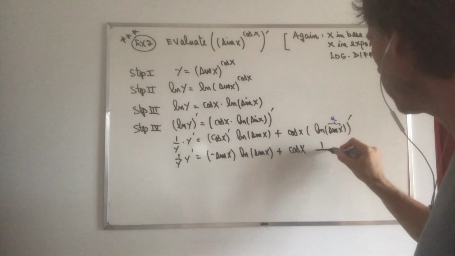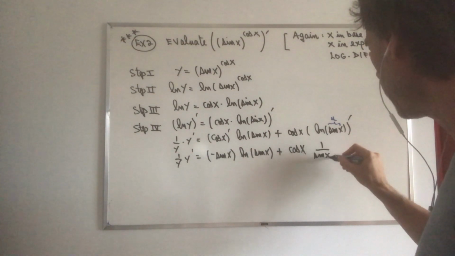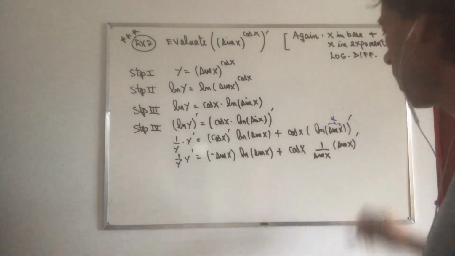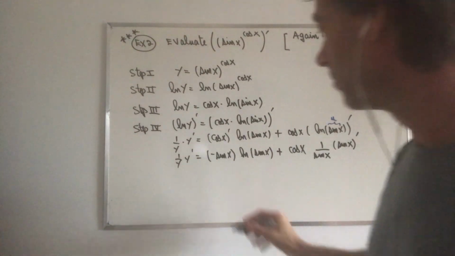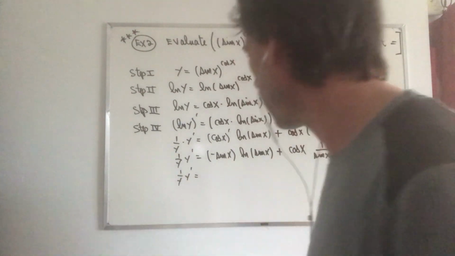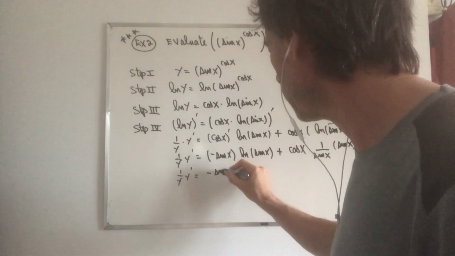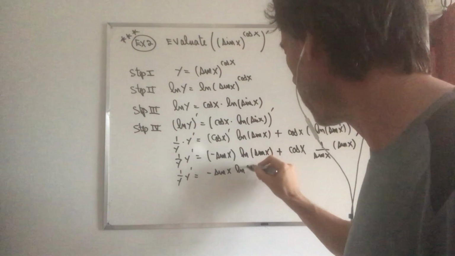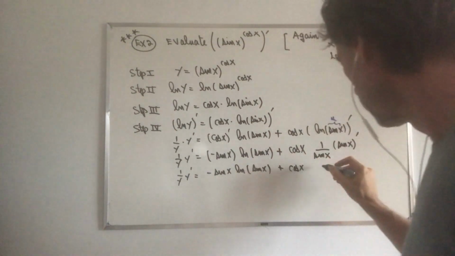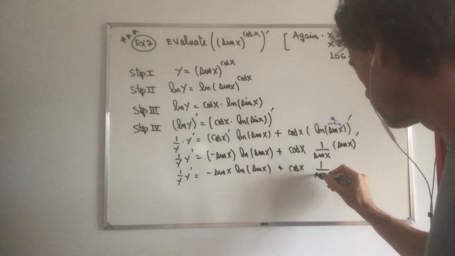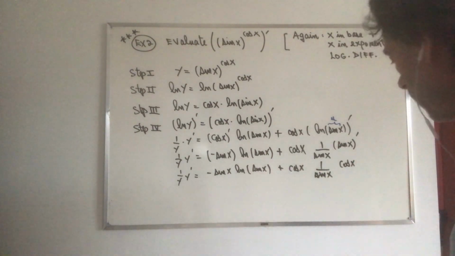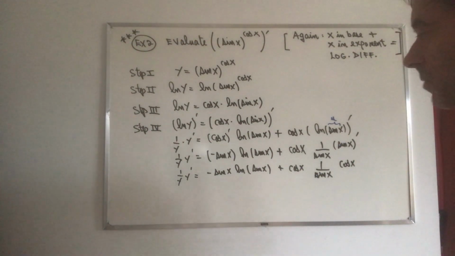So 1 over sine x times sine x prime. One more prime to go, and I can move on to the next step. So 1 over y prime is minus sine x ln sine x plus cos x times 1 over sine x, and the derivative of sine x is again cos x.